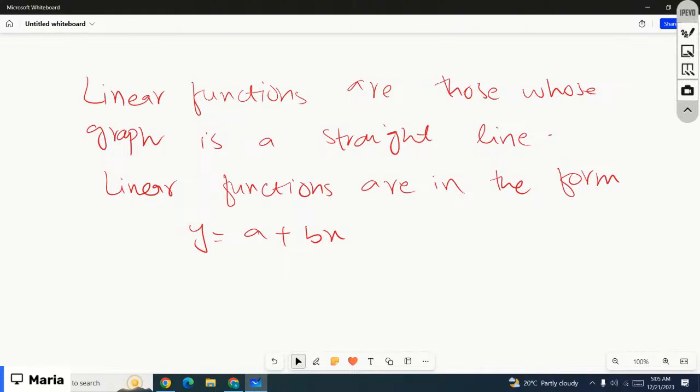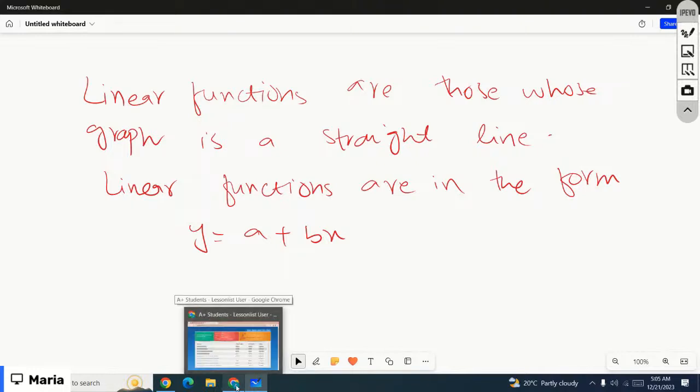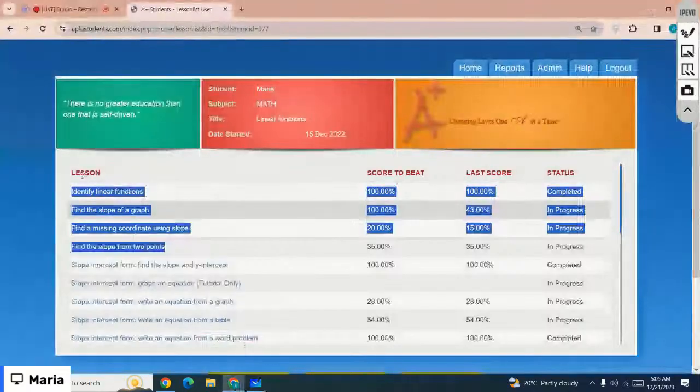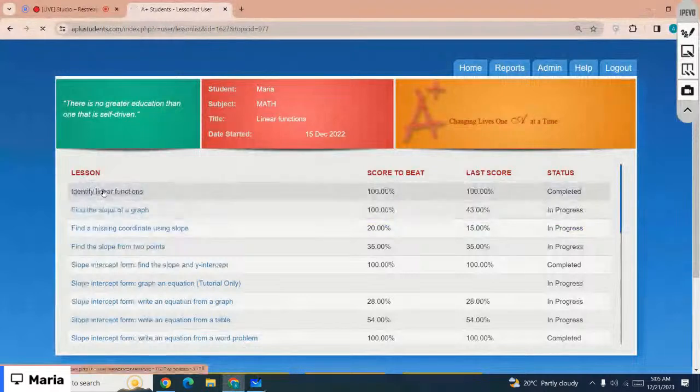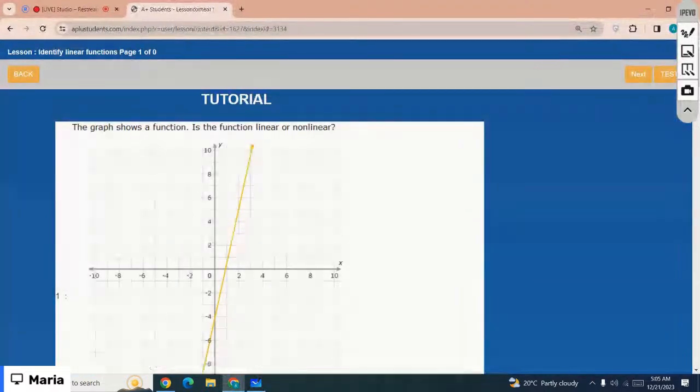Okay, let's start with the first lesson. The first lesson is identify linear function. We are done with the definition of the linear function. Now we're going to learn how we identify the linear functions.